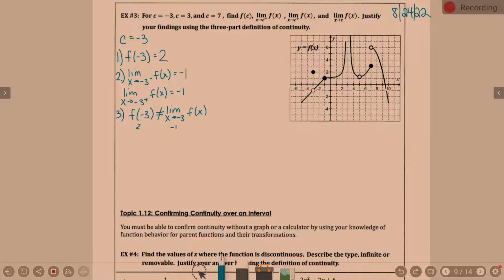So is this continuous? No. And that's where we can say, therefore, f of x is not continuous at x equals -3.